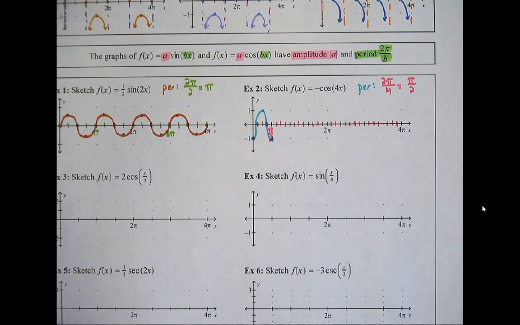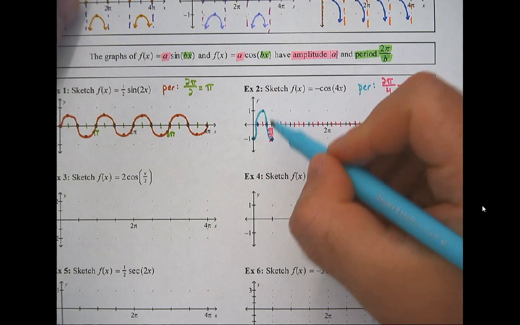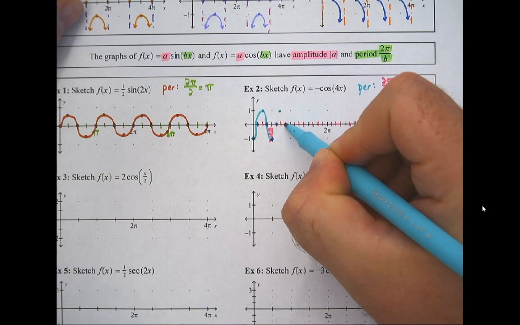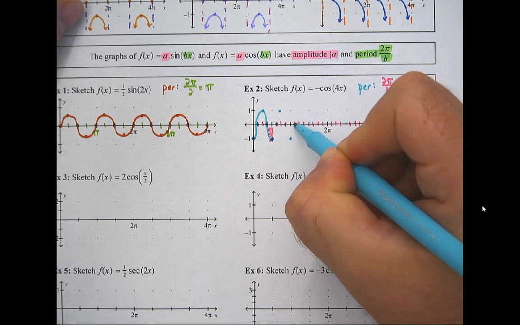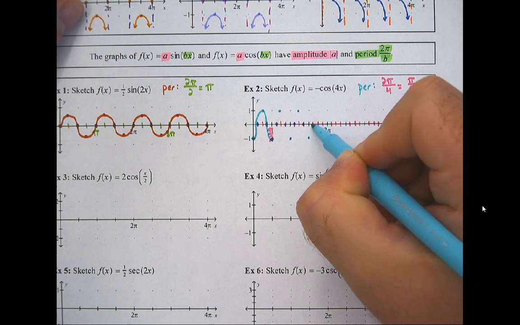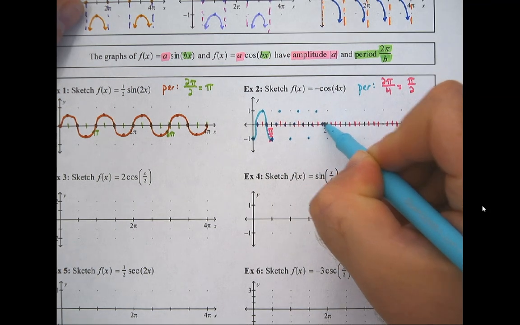And then I'm going to repeat this cycle over and over again for cosine. -1, 0, 1, 0, -1. 0, 1, 0, -1. 0, 1, 0, -1.